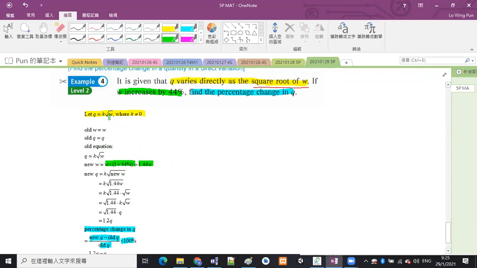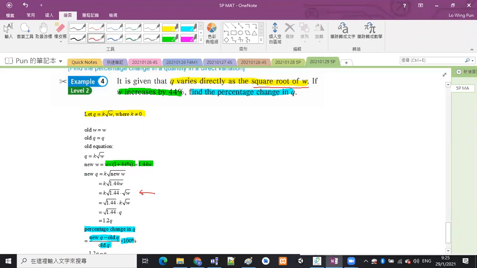New W has been found to be 1.44 times W. Okay, and then please put a star at this step.